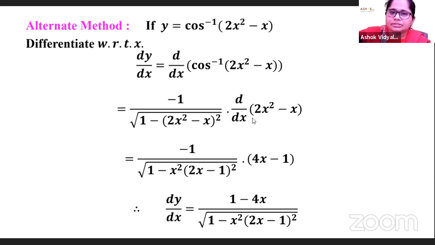The derivative of 2x square minus x is 4x minus 1. Therefore, dy by dx is 1 minus 4x upon under root 1 minus bracket 2x square minus x, squared.